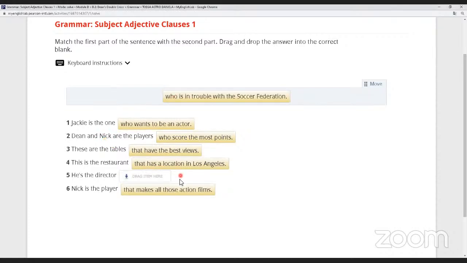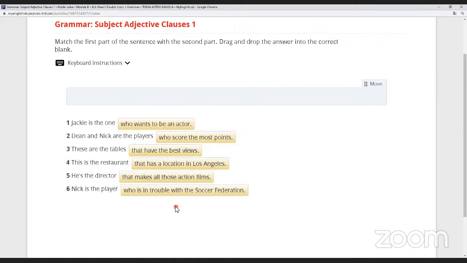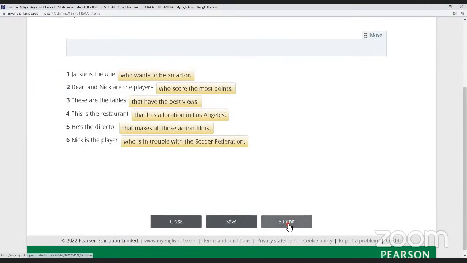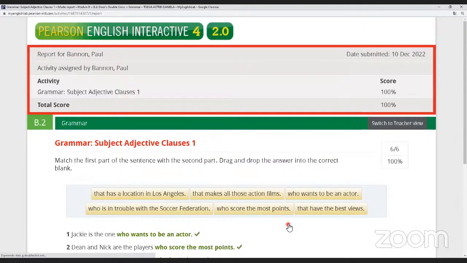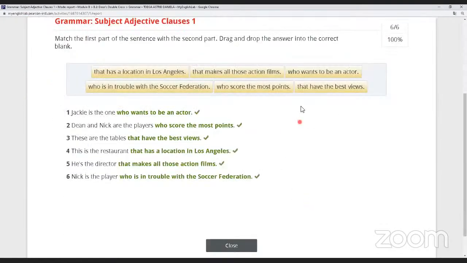That one with, he's the director that makes all those action films. Like this? Yes. Okay, so let's check. Yes, I guess now it's okay. I was thinking on it. Yes, it was the only mistake. So that was great, right?